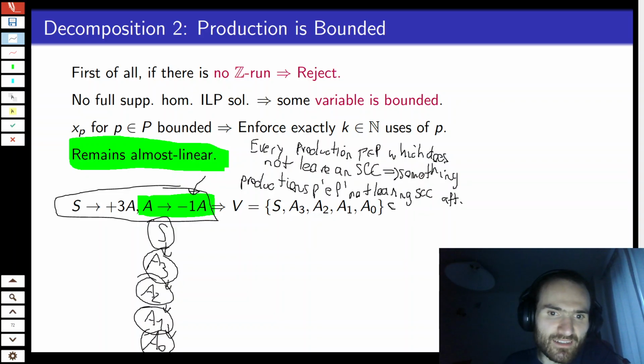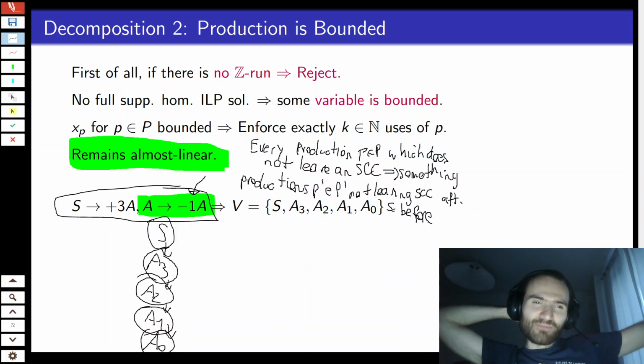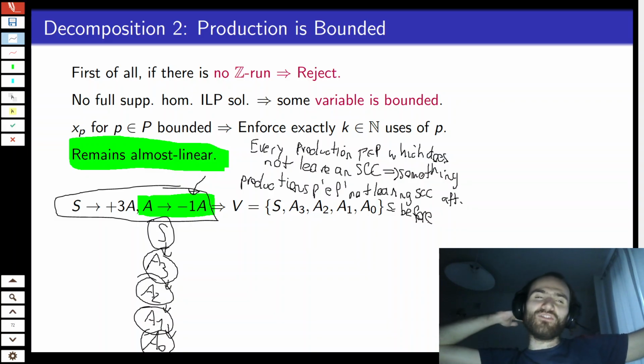This is contained in the same before: if a production afterwards does not leave an SEC, then in particular it does not leave an SEC before.